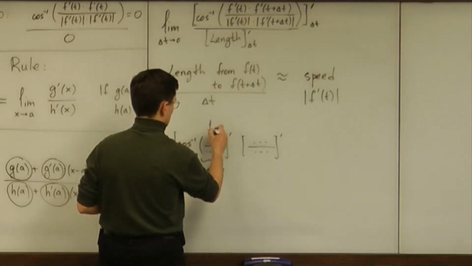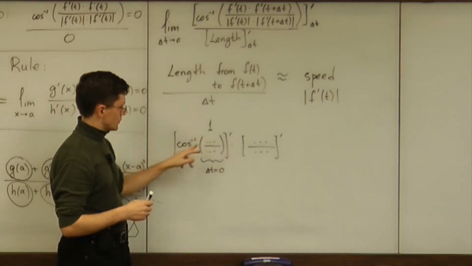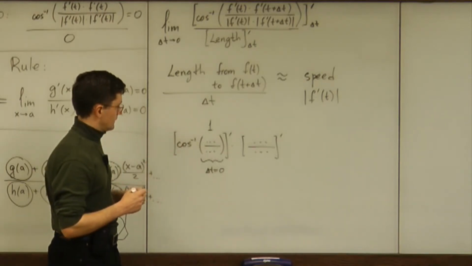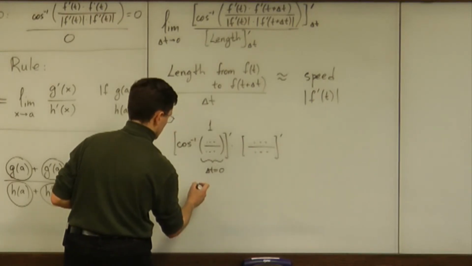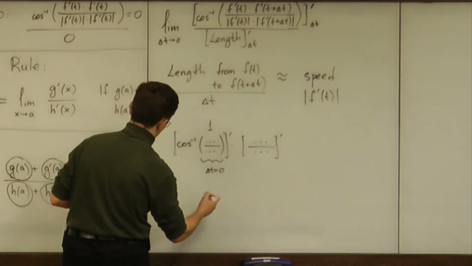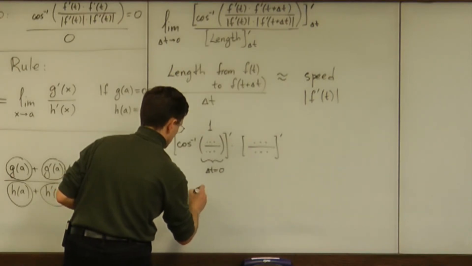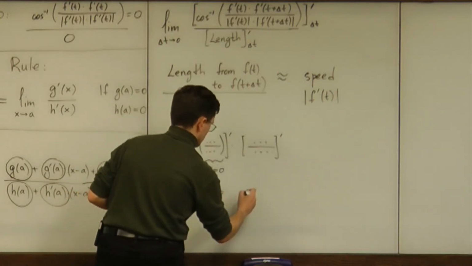So that means that I will have to evaluate the derivative of cosine inverse at 1. Right? Now, what's the derivative of cosine inverse at 1? Well, you can either remember a formula for the derivative, right?